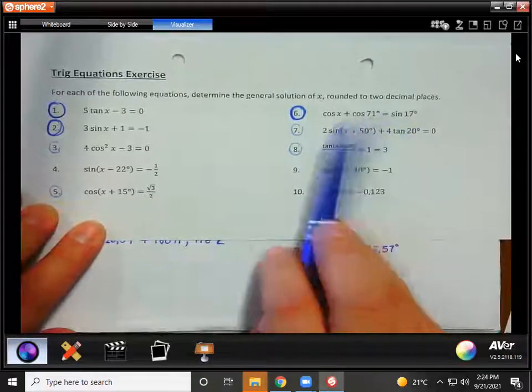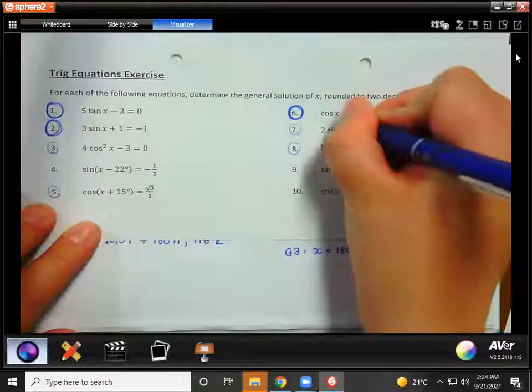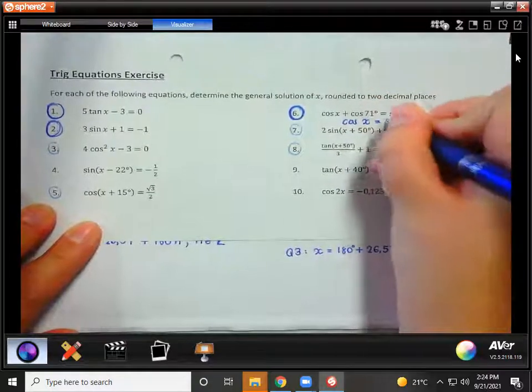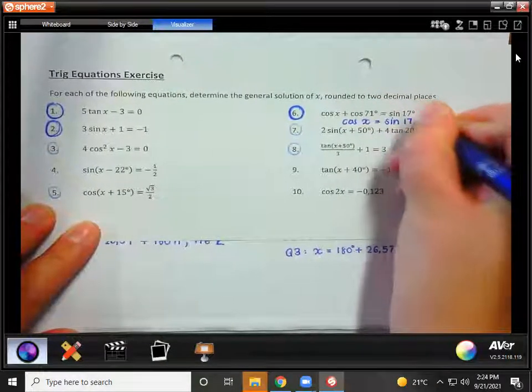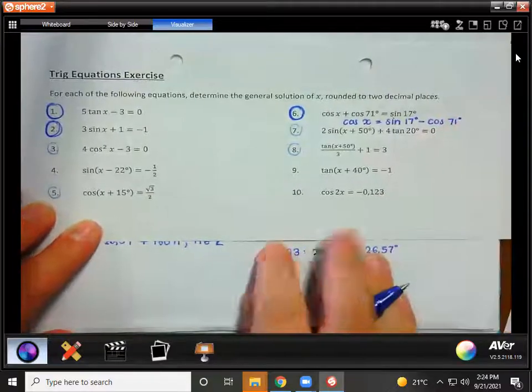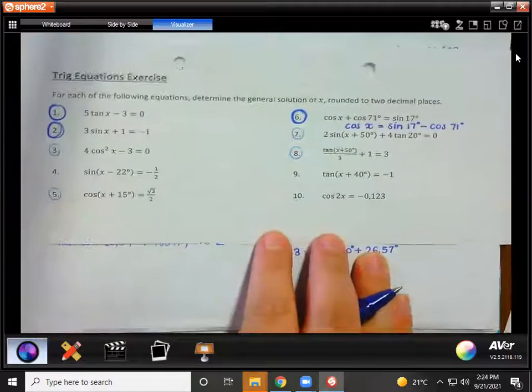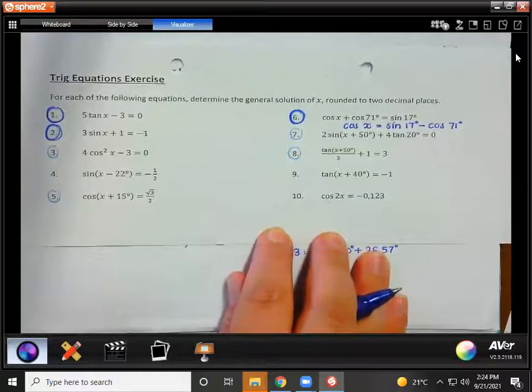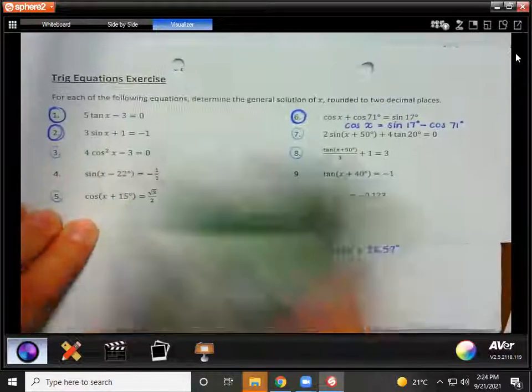So what you're going to do here, you're going to say cos x is equal to sin 17 minus cos 71. I'm going to type that into the calculator and it's going to give you a number. All right, let's check quickly what that number is.